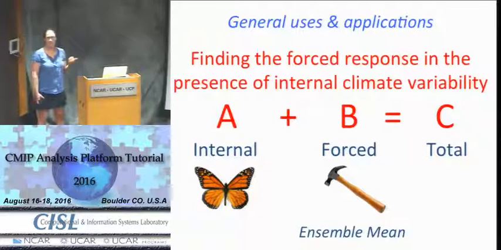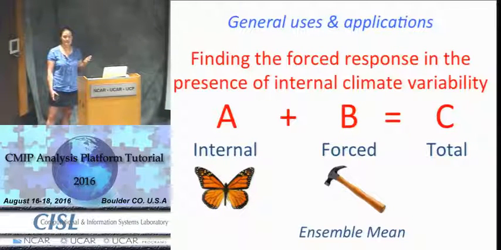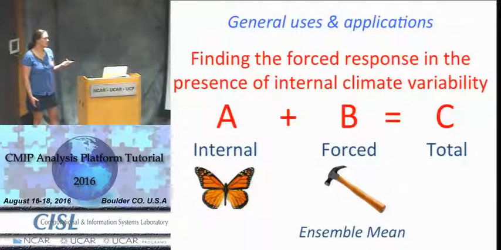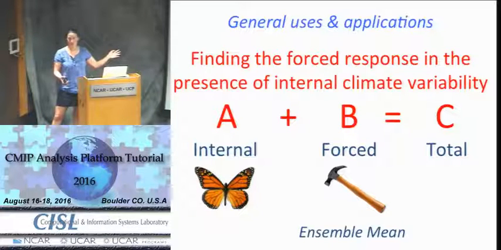It's a sum of the internal variability, which is unique to that member, and the forcing, right? So something that they all share. So in order to find what the forcing is, you can just average over all of the ensemble members, and then you reduce all of the internal variability because it's all random, it should cancel, and you're left with just the forced signal. So it's a really robust way of estimating what the forced response is.